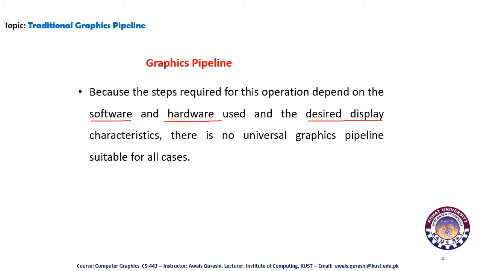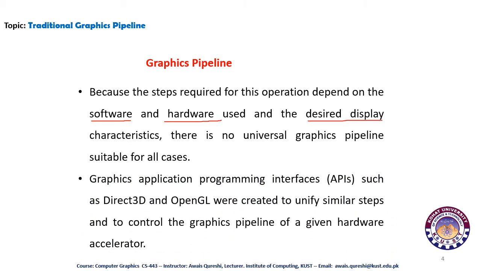There is no universal graphics pipeline suitable for all cases. This does not mean that there is a universal graphics pipeline suited for every type of application. Every graphics card has a different rendering pipeline with the help of which an object is displayed on the screen.